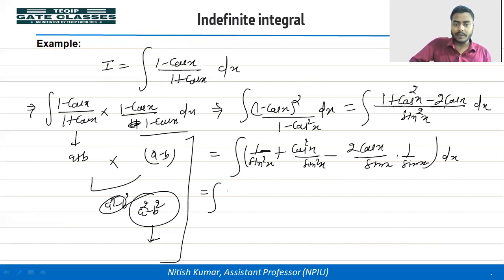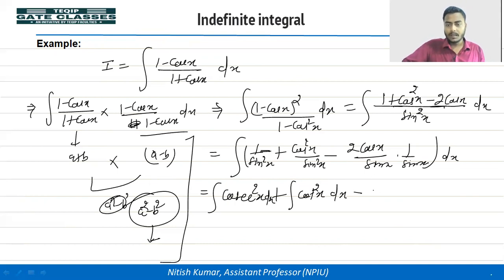So integration of 1 by sin square x, that is cosec square x, plus integration of cos square by sin square, we can write cot square x, minus 2 times integration of cot x into cosec x, with respect to x.